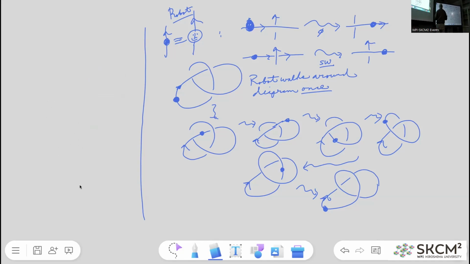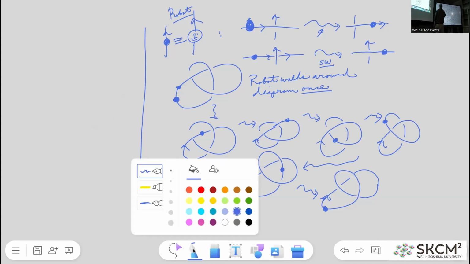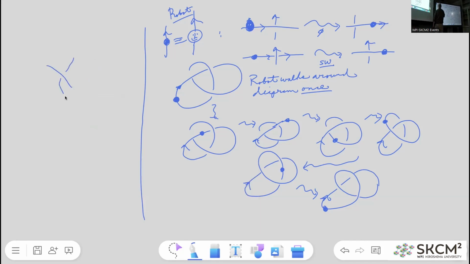Take somebody who's a little more knotted. Let's see what would be a good knot. Okay. Maybe just the figure 8 knot as the next example, right? So let me try doing this by erasure if I can. I'll take another copy of the figure 8 here for reference. We'll start the robot there.